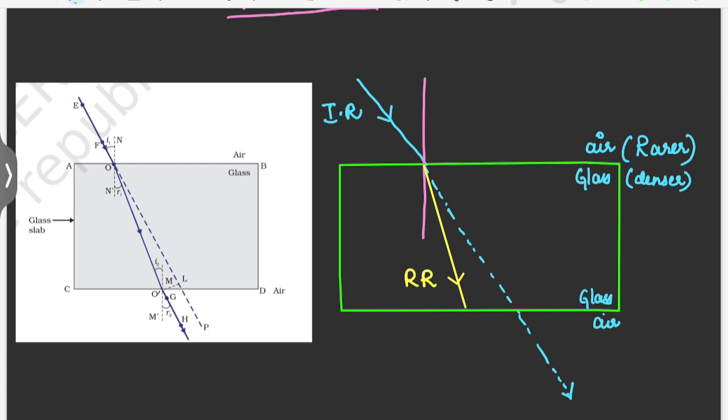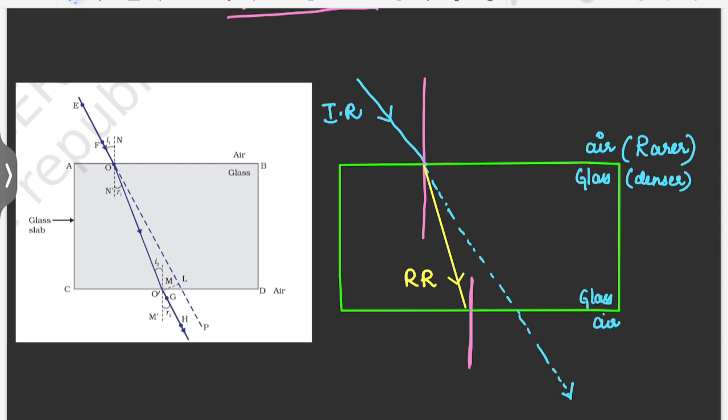Now again it is coming from one medium to another medium. Inside there is the glass medium, so it should come out into the air medium. Instead of passing straight like this, it is again going to bend. Let us draw one more normal now. This is the normal.